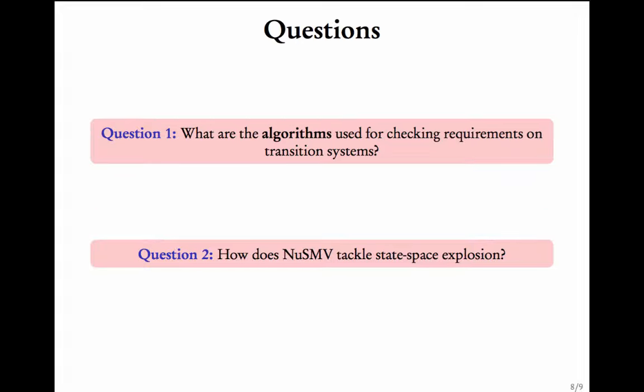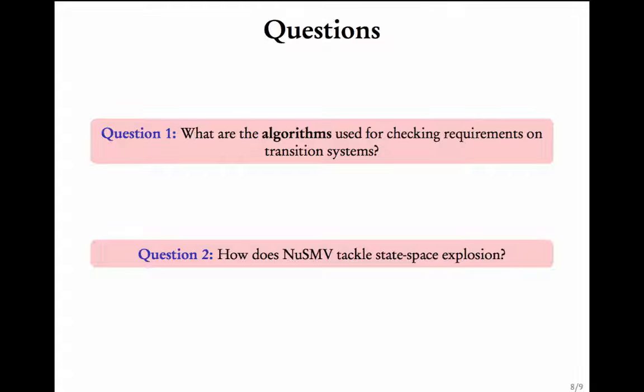We have asked two questions. Question 1, what are the algorithms used for checking requirements on transition systems? And question 2, how does our tool new SMV tackle this problem of state space explosion? We will try to answer these two questions in the coming units.